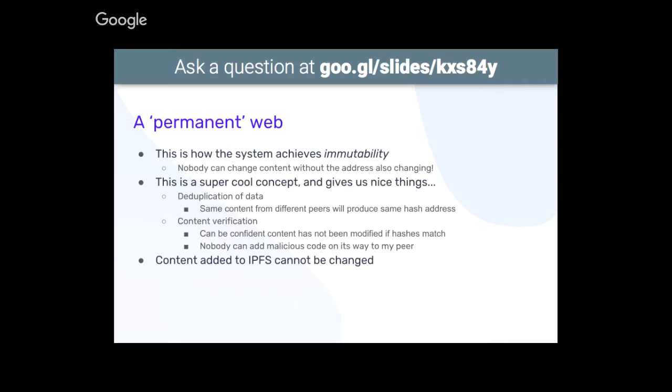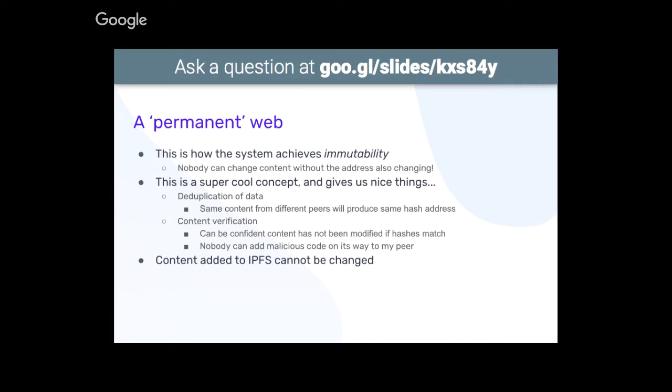So a data structure that can't be edited. Because nobody can change the content of an IPFS object without the address of that object also changing, by changing anything below the base CID, we therefore must also change the CID of the base. So this is a pretty big idea.